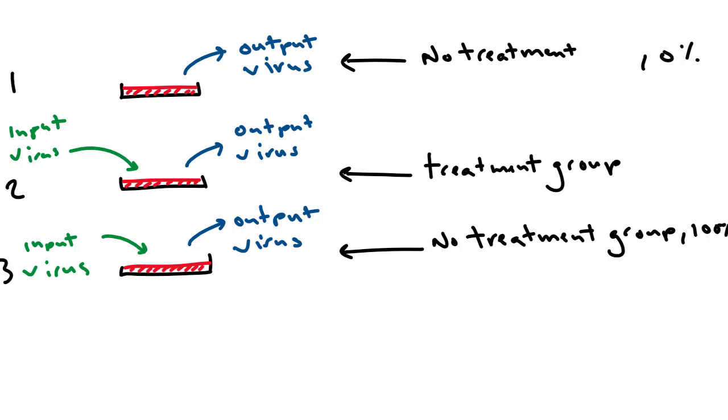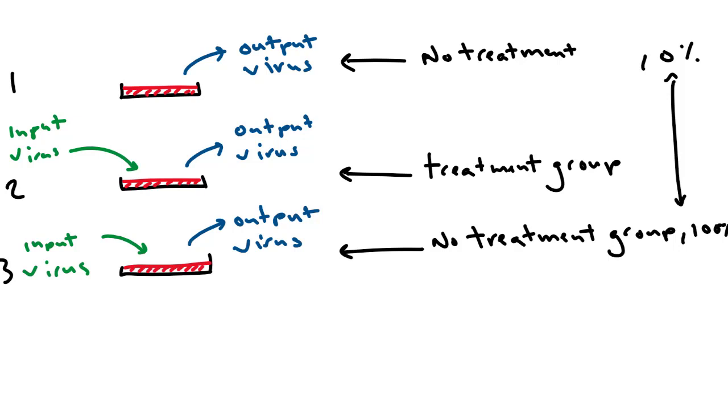Now the treatment group, and I might have multiple treatment groups where I'm putting the drug at different levels, would hopefully fall somewhere within this range of 0 to 100%. If it goes above 100%, then my drug is not actually helping to stop infectivity. It's actually increasing the infection rate, or the infectivity of the virus.